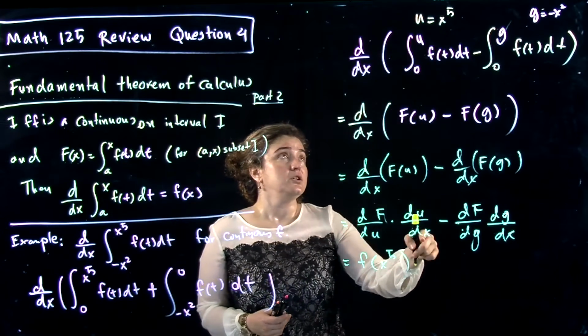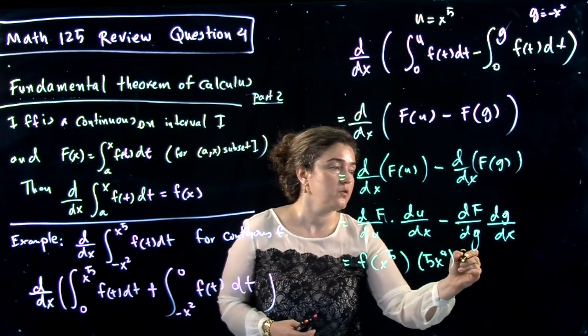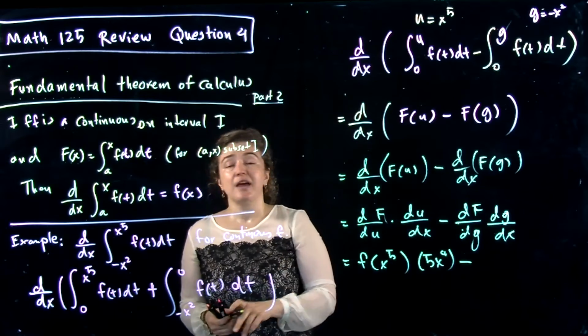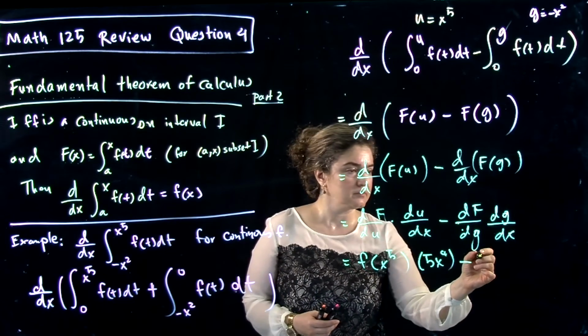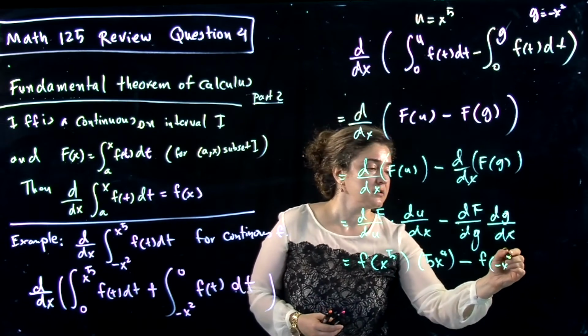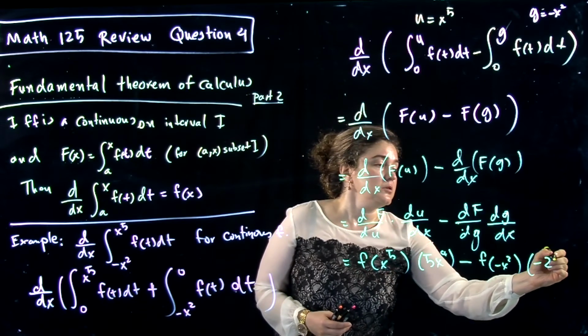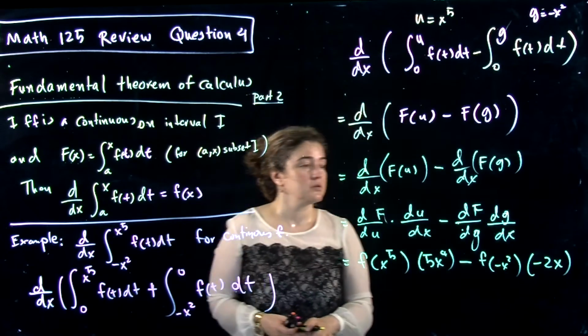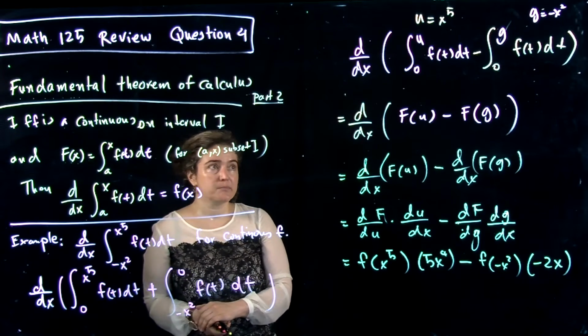The derivative of u with respect to x is 5x to the power 4. The derivative of F with respect to its inside, again, is f of g. The derivative of g with respect to x is negative 2x.